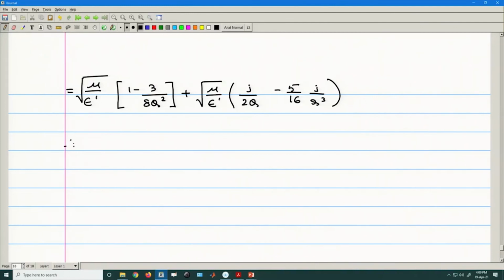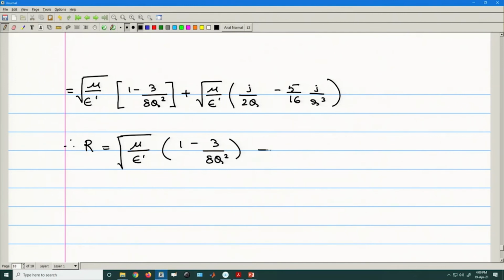Therefore the real part gives this as mu upon epsilon prime 1 minus 3 by 8 q square.